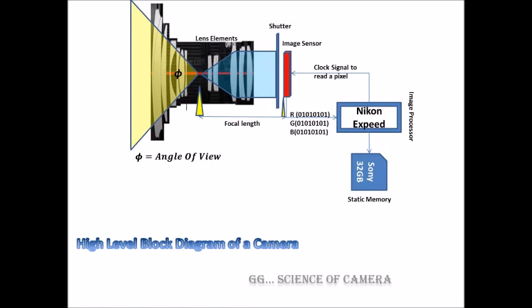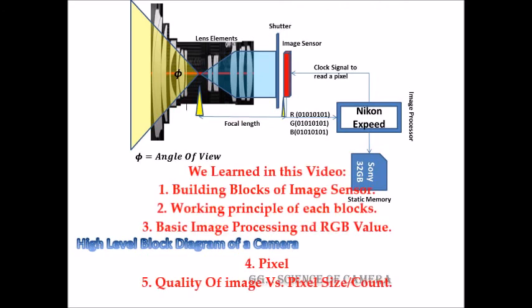And now we know as well that it's not always the number of pixels in a camera, but the size of the pixel also matters, and the size of the sensor also matters. So I expect that whenever you look at the specifications of a camera, you will look at the sensor size, pixel size, and number of megapixels, and it will help you better understand the quality of image a camera can capture.